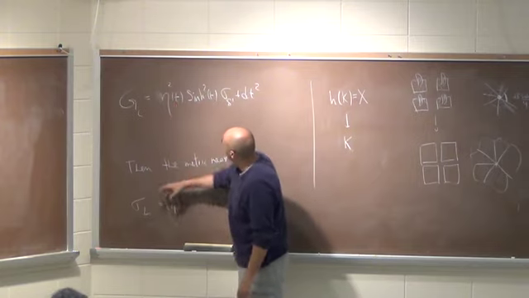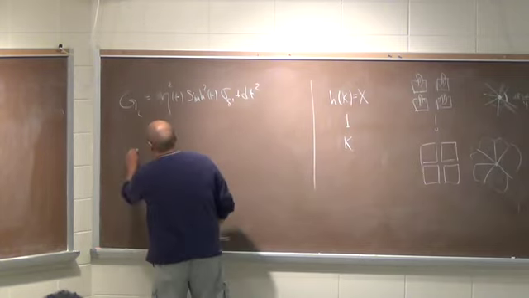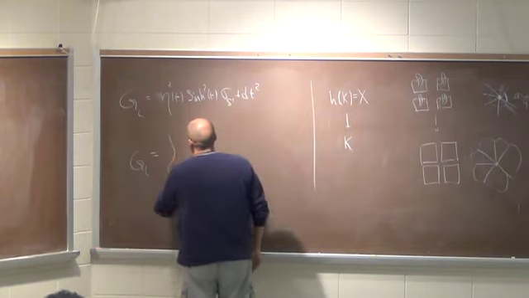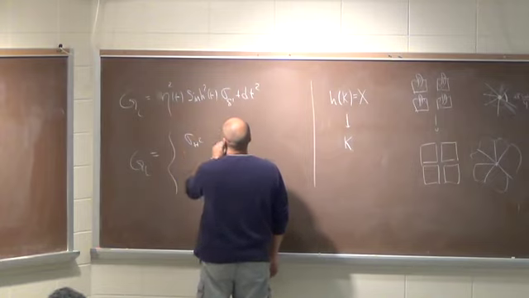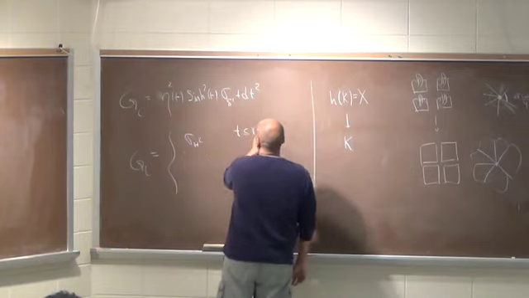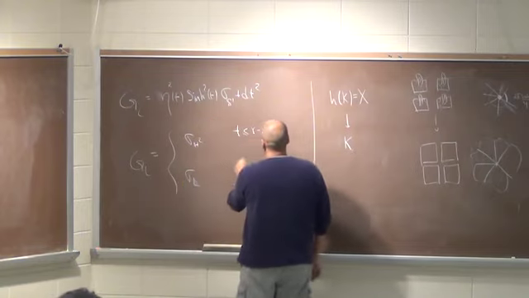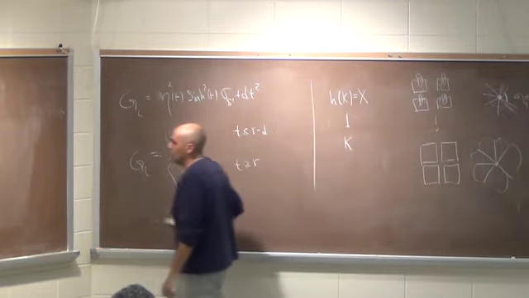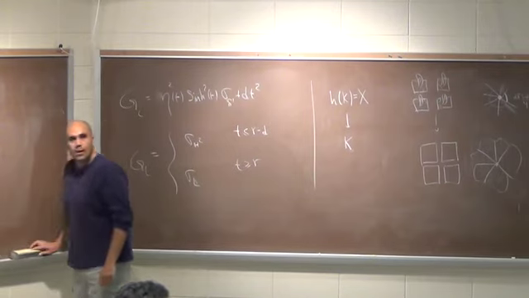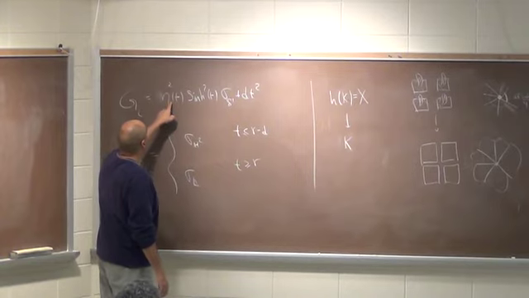For T large, this is L over 4. So GL is equal to the hyperbolic metric for T less than R minus D, and the old one for T bigger than R. Right. So upstairs, that should be R minus D, or am I missing something?